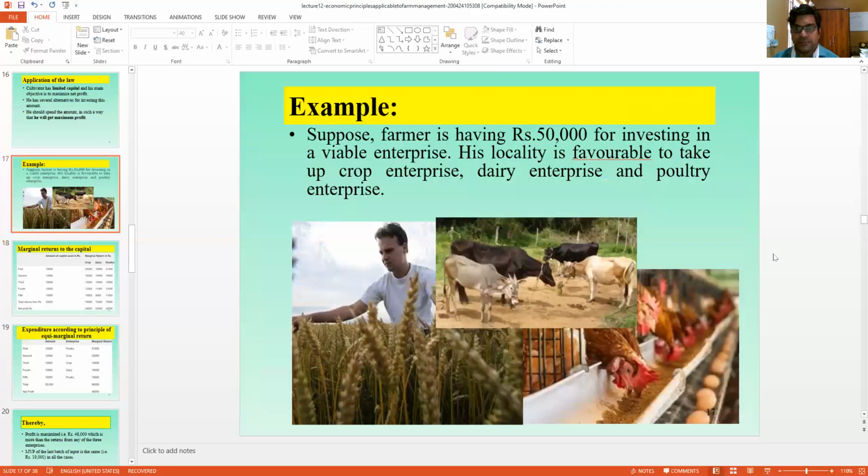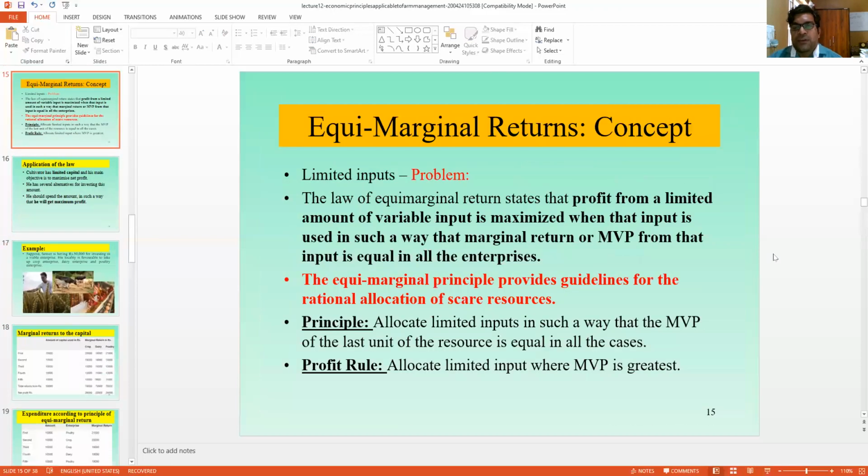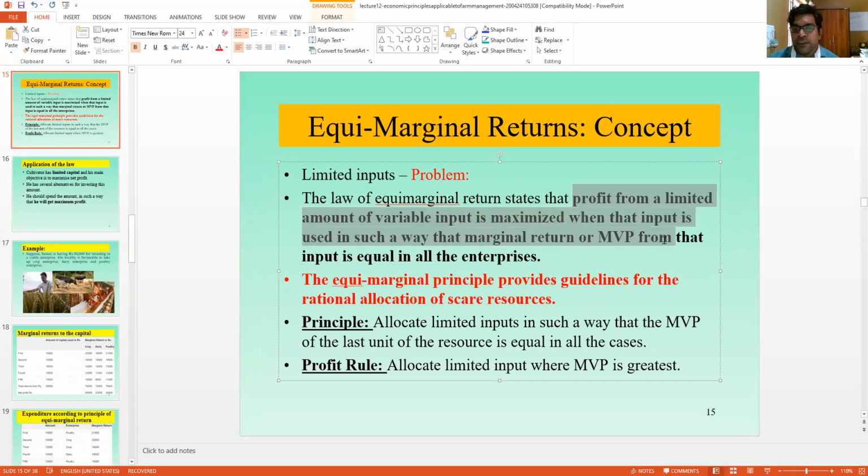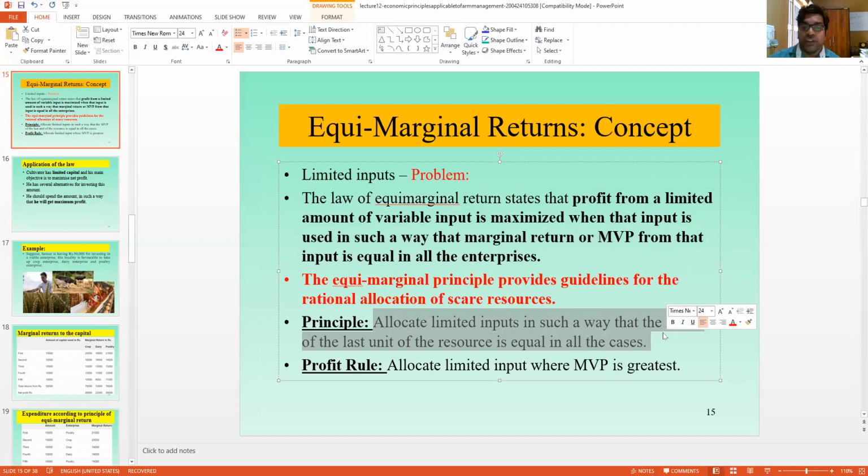Okay, now you see, profit from a limited amount of variable input is maximized when that input is used in such a way that the marginal return or MVP from that input is equal in all enterprises. So allocate limited inputs in such a way that the MVP of the last unit is equal in all cases.